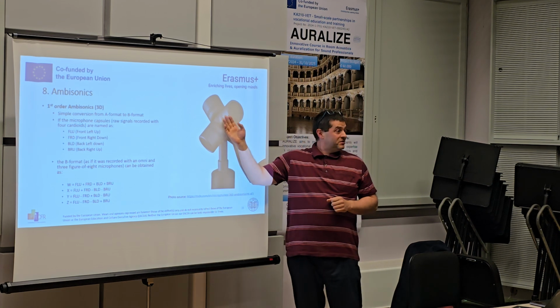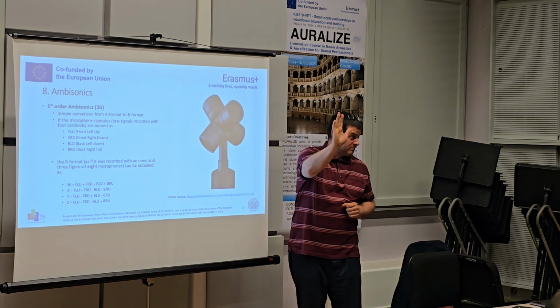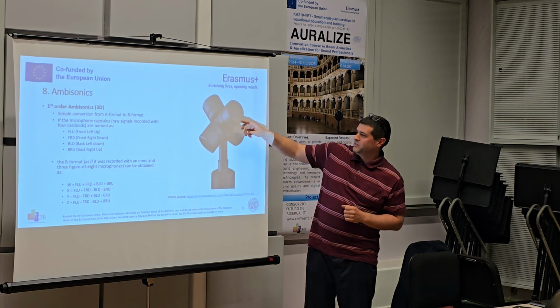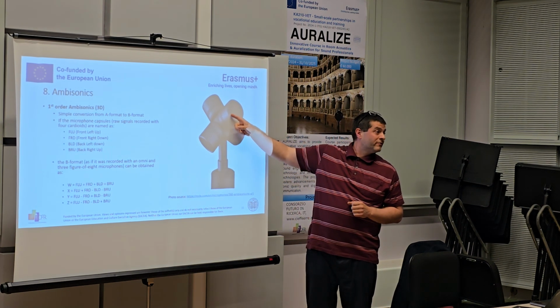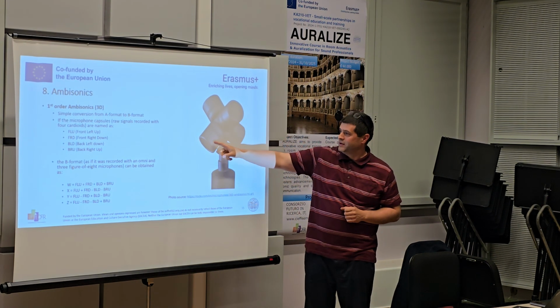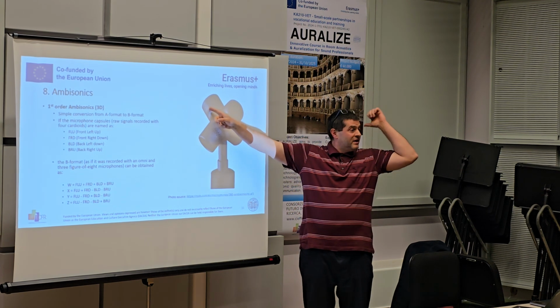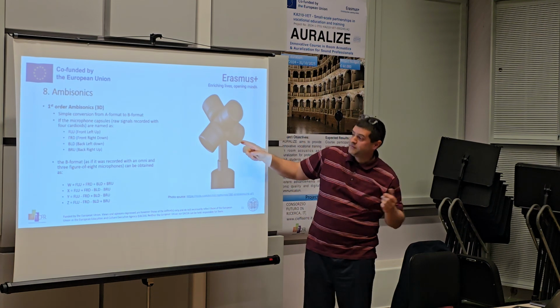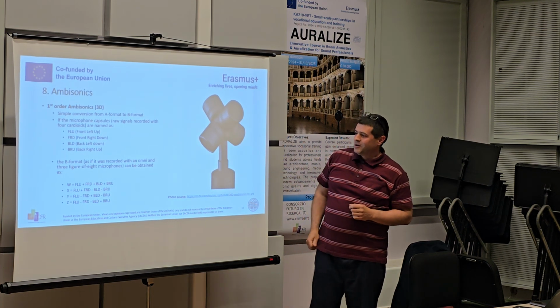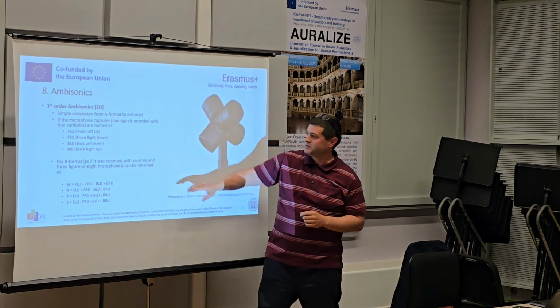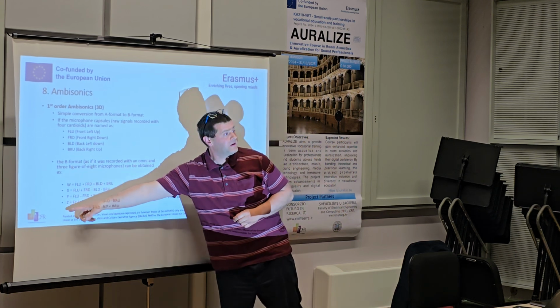So if for example, this microphone is facing you, facing the room, this would be FLU, front left up, then front right down, back right up, so behind, and back left down, sorry. So how do you arrive from A, these raw signals, to B?